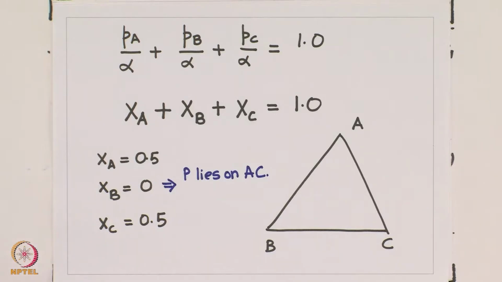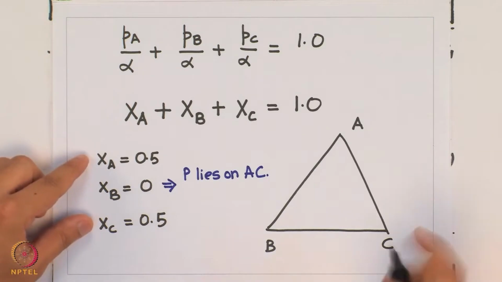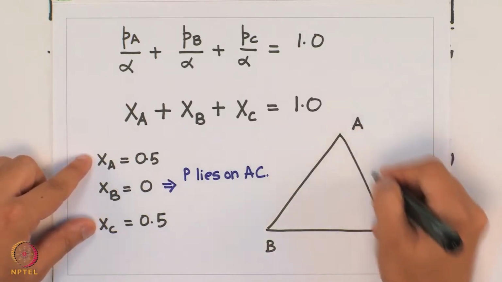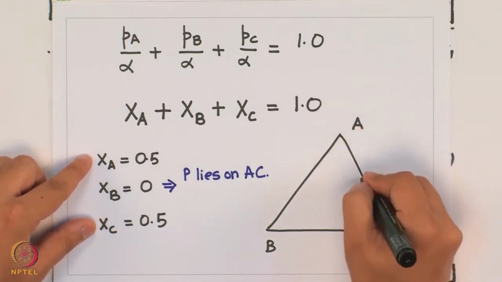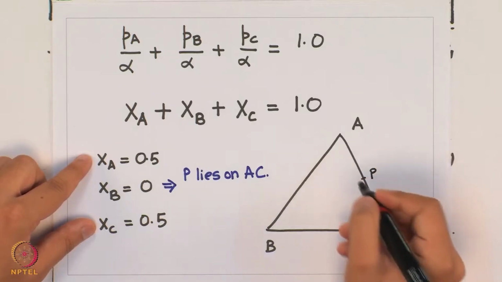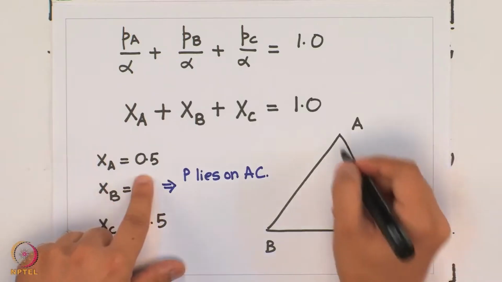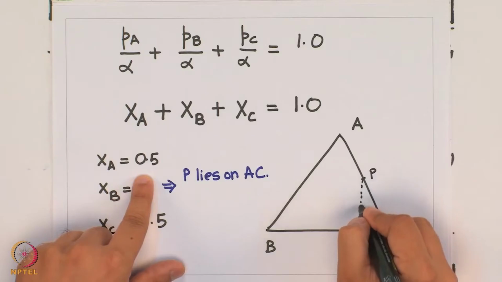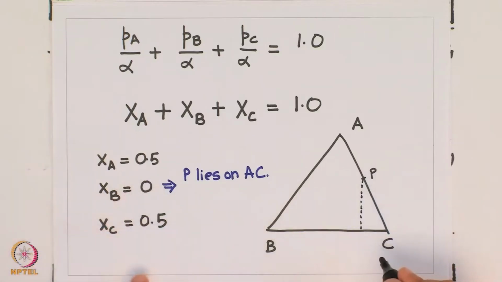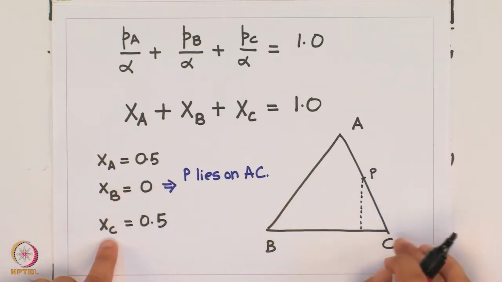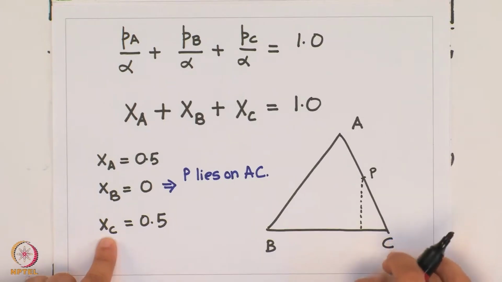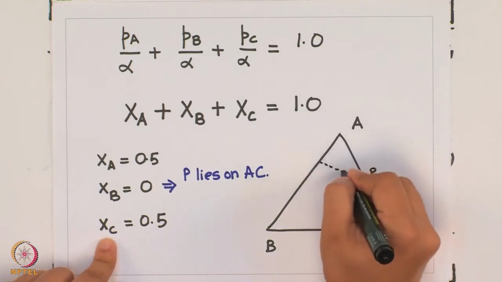And now what we want next is to locate a point P on this segment AC such that from that point P, the perpendicular drawn opposite the vertex A, this perpendicular, should be equal in length to the perpendicular drawn to the side which is opposite vertex C, which is this perpendicular.